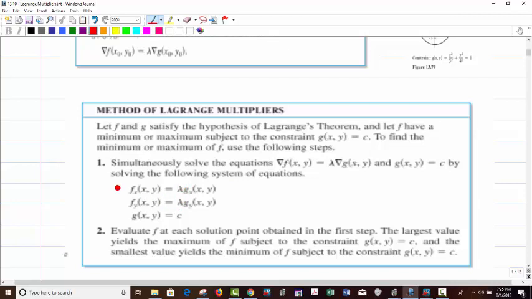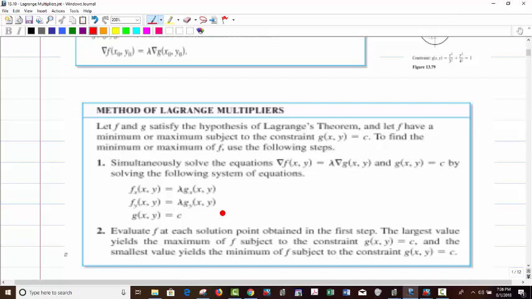So that's the same thing as saying the fx partial equals lambda times the gx partial, the fy partial equals lambda times the gy partial, and then your constraint. So in this system of equations, we have three equations and three unknowns. Like I said earlier, the only unknowns we specifically need are the x and the y. If we happen to solve for lambda, that's fine, but we don't need it.